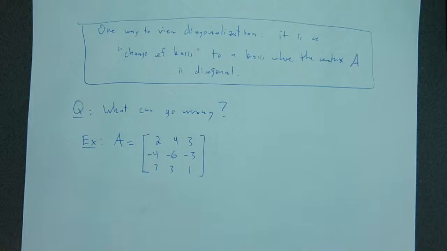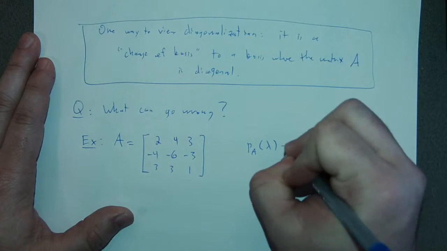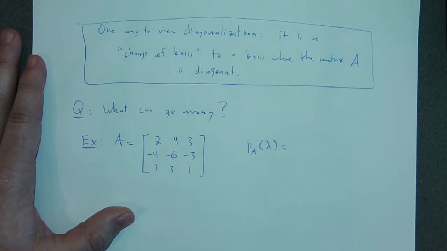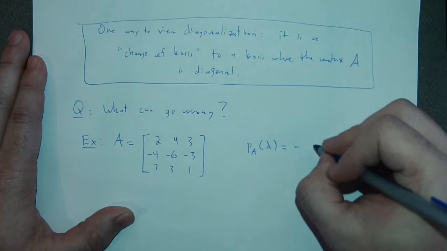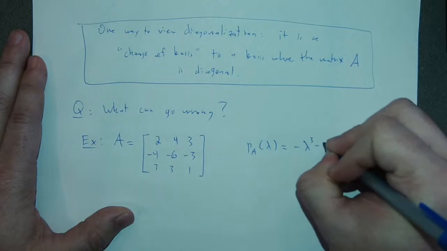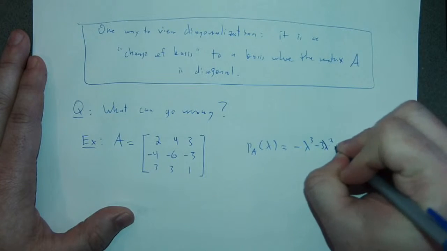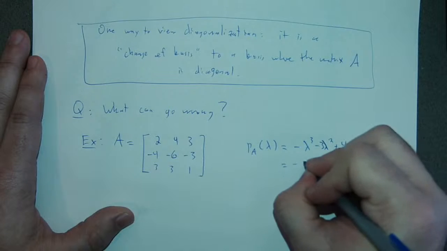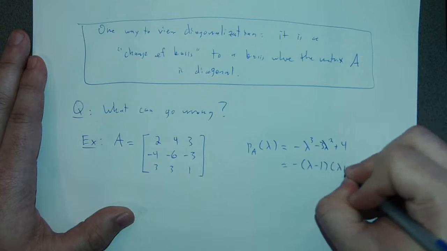Okay. It turns out that if you compute the characteristic polynomial, this actually has the exact same characteristic polynomial as the first example. So this is minus lambda cubed minus 3 lambda squared plus 4. So this is the exact same characteristic polynomial that we got before.